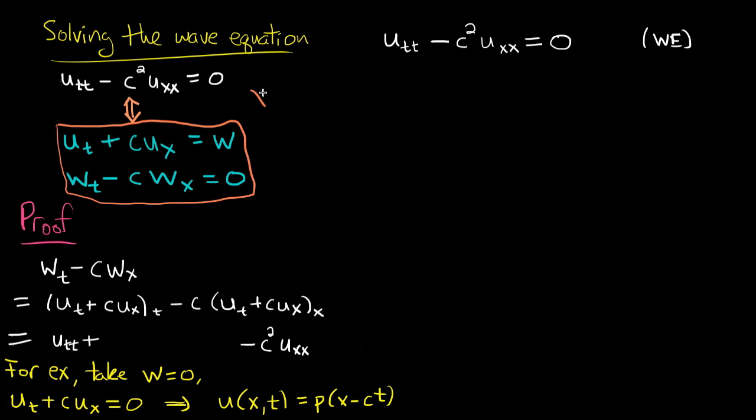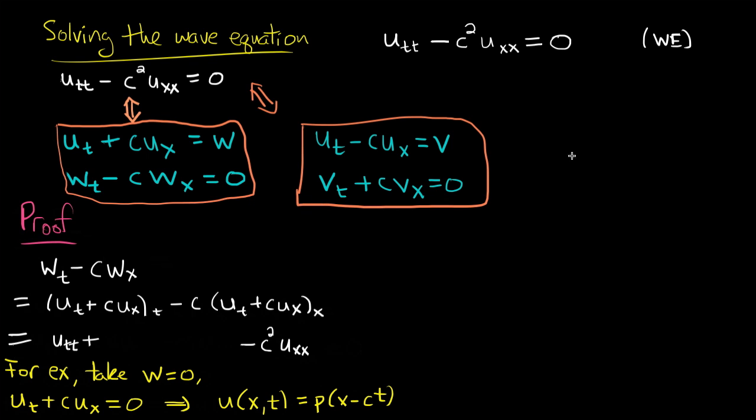On the other hand, I could have just the same taken u and plugged it into ut minus cux and then called the result v. Then, by a similar computation, I would have noticed that vt plus cvx is in fact equal to 0. And so these two transport equations are also equivalent to the wave equation.